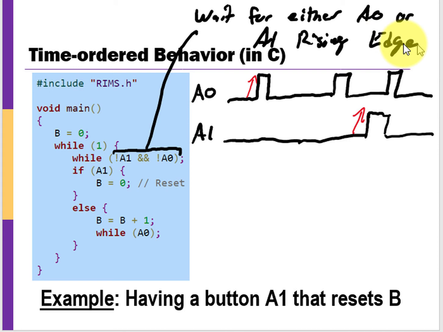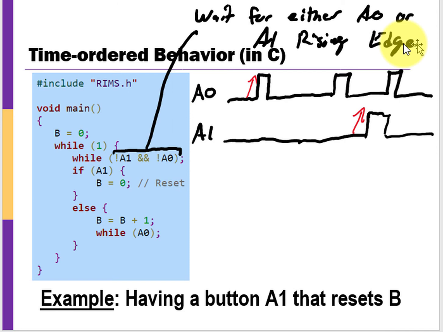Now notice when I wrote it in English like that, I used or. When it's written in the code, it's and, because it's effectively saying the opposite. I'm saying wait for that to happen, while the while loop has the inverse of that. It's saying, continue to wait while they're both 0. So you can understand how that works.